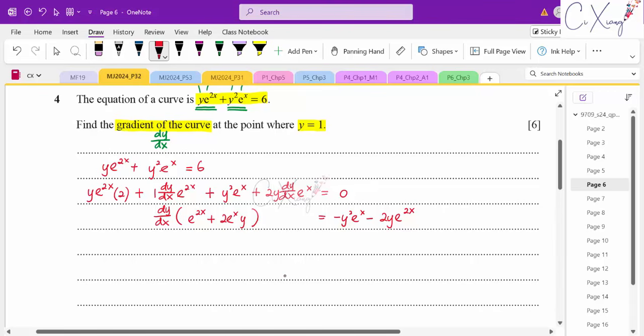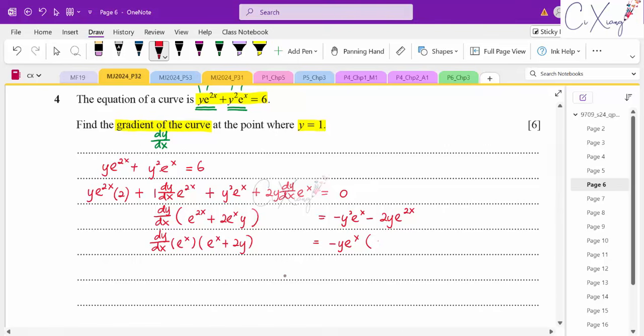Okay, next step. For this one, I realized that I can still factorize out something else, which is e power x. For the left hand side also, I realized that I can factorize out negative y, then e power x also.